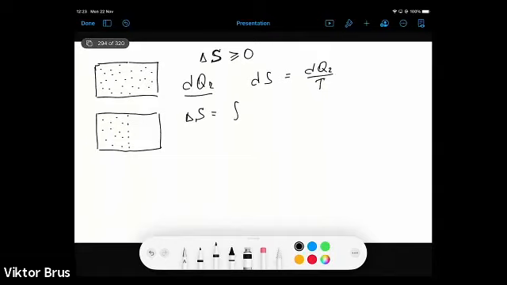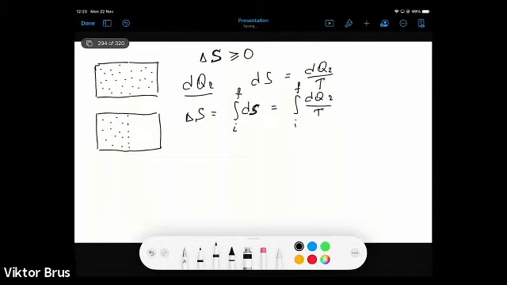So we need to integrate from initial to final state dS. And that should be the integral from initial to final of dQr over T. So we cannot assume temperature is already a constant. So we need to integrate it and take into account also the change of the temperature.